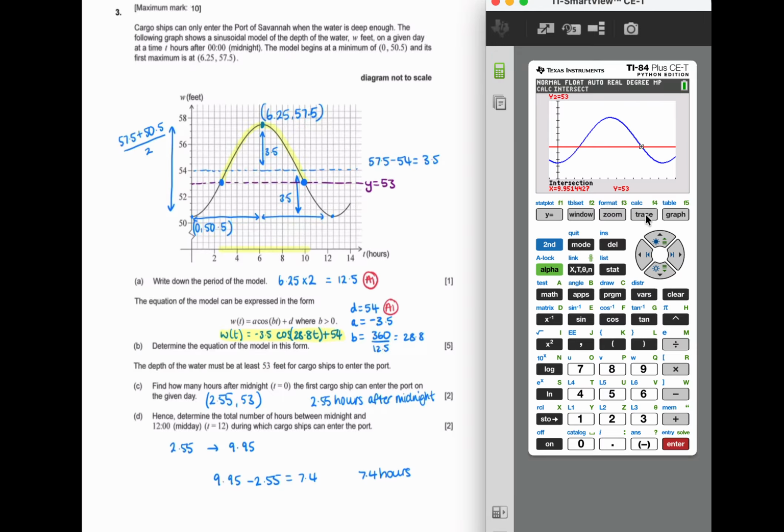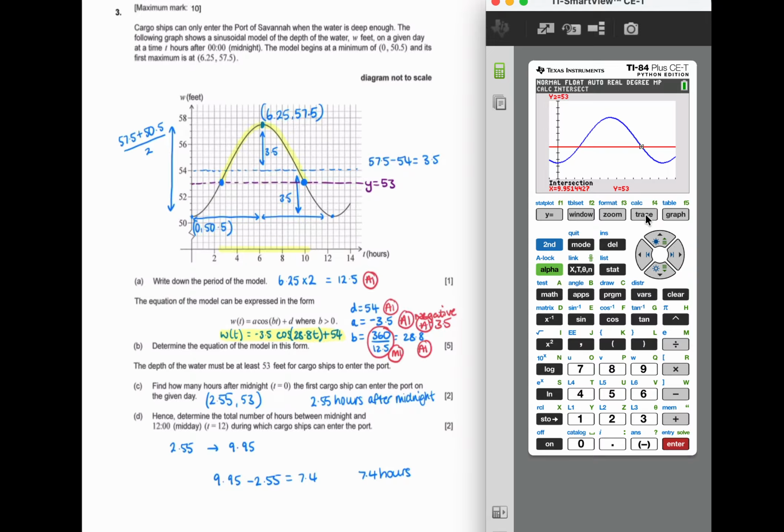For the amplitude, there is a mark available there for recognizing that it's negative, so that's for the negative, and for the value of 3.5. And then for the B value, there is a mark for doing the method of dividing 360 by the period, and there is also an answer mark for the 28.8.